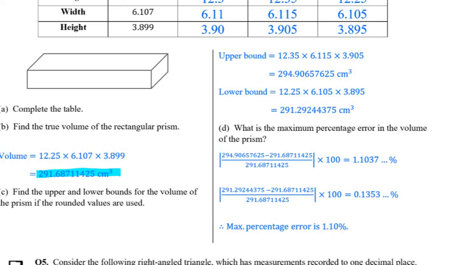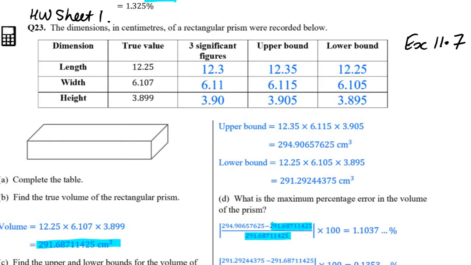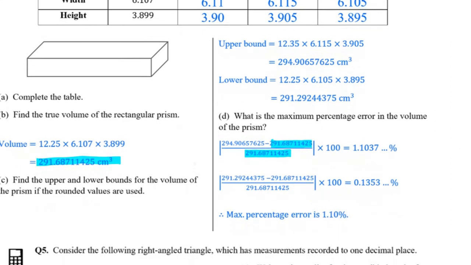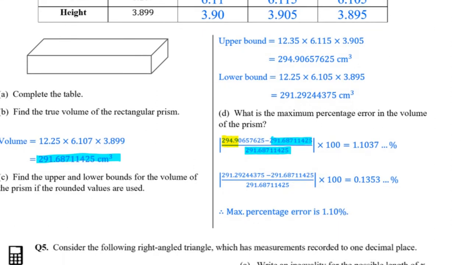We then find the bounds, and then what we're doing when we calculate the percentage error in this one is we're saying, okay, that's the true value. What we could actually get recorded could range between 291.3 and 294.9.